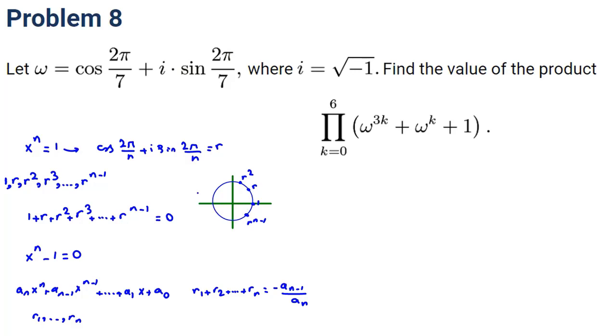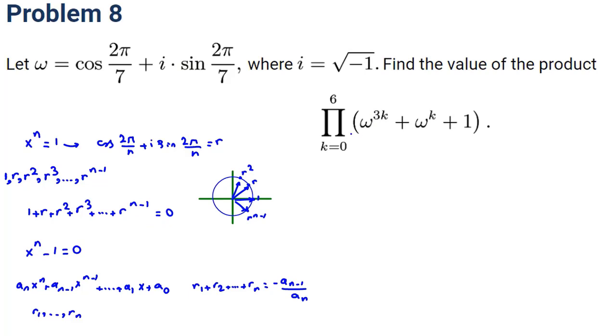For some problems, a little intuitive thinking helps. You can consider them like vectors, and then their sum will be 0. But Vieta's formula is so much better. Here a_(n-1) is 0, so negative 0 over a_n, which is 1, is 0.